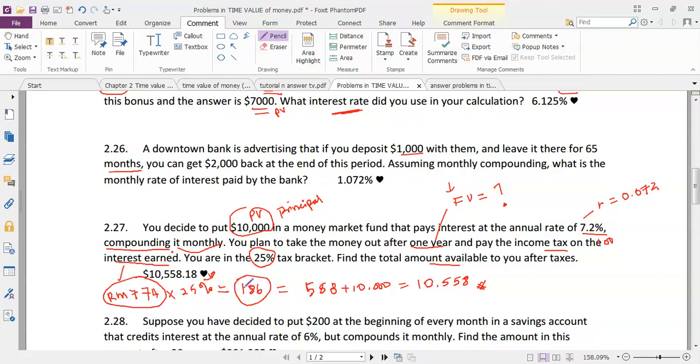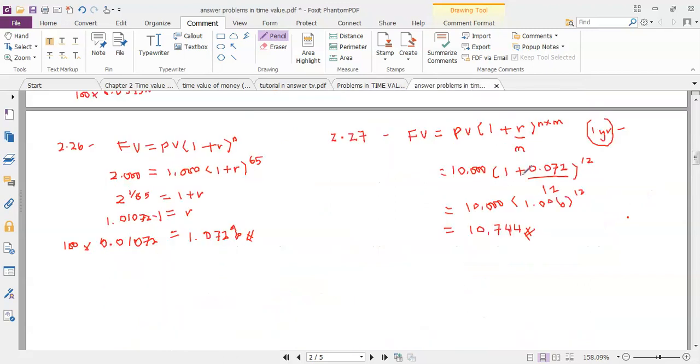But if you put your money inside the portfolio or a deposit account in a bank, your money will increase because of the time value, because of the interest you earn. Same goes for the question here. 10,000 is our principal. You put 10,000 in your money market, and after 1 year, because it is compounded monthly, your money will be 10,744.